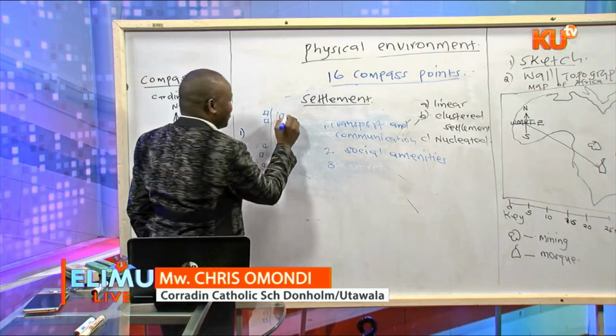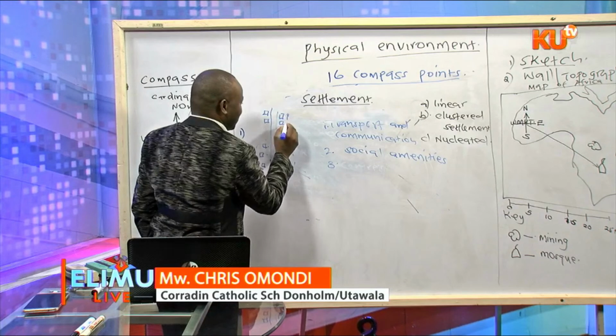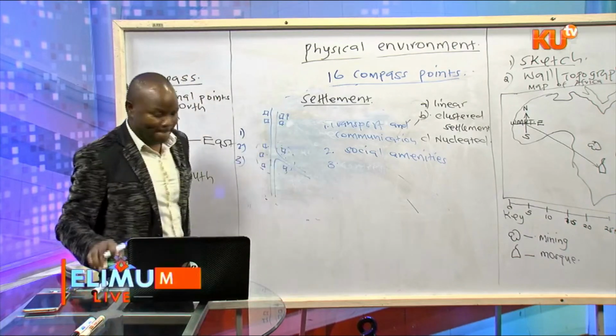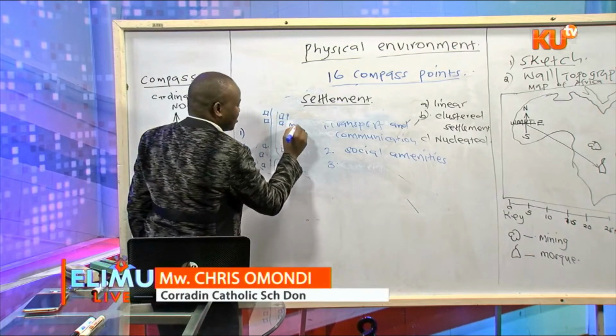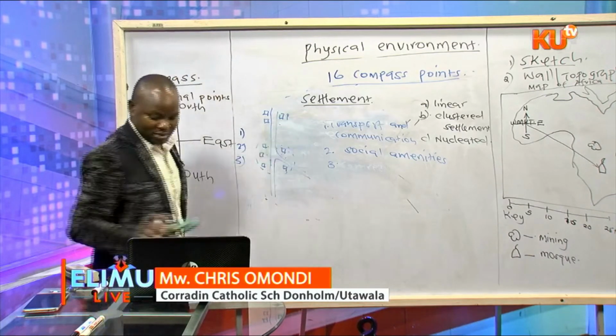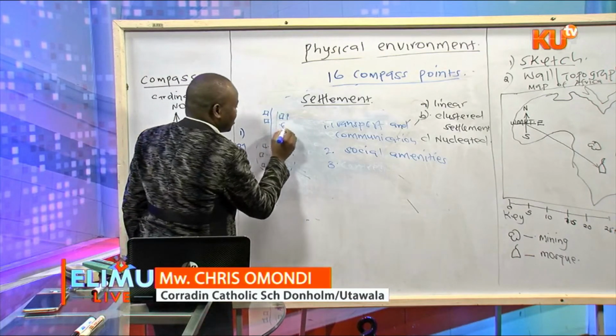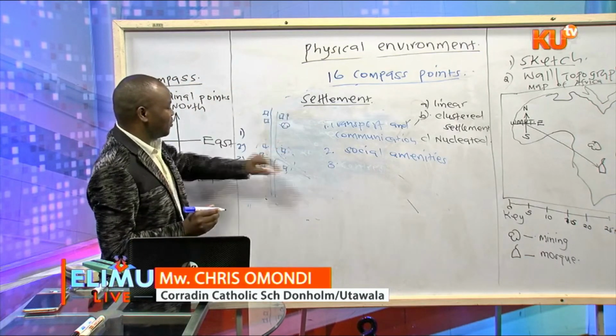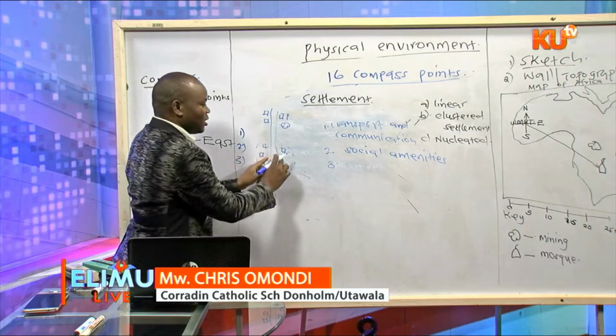Maybe this is the police station, this is the governor, this is the mining center. So why is it that this place has not developed compared to this? It is because of the road junction.